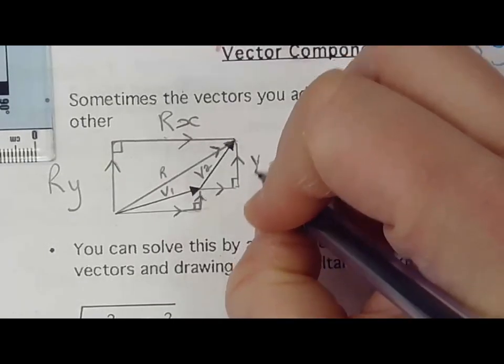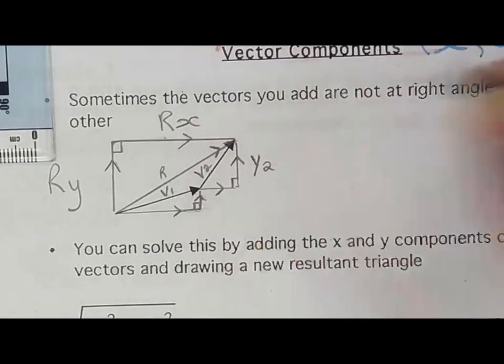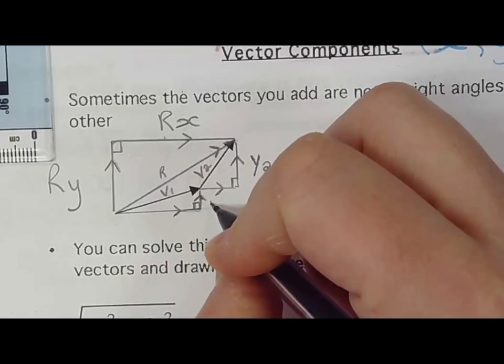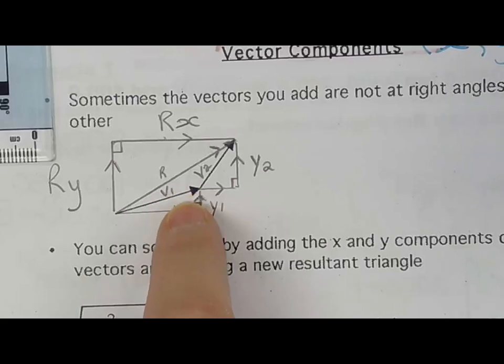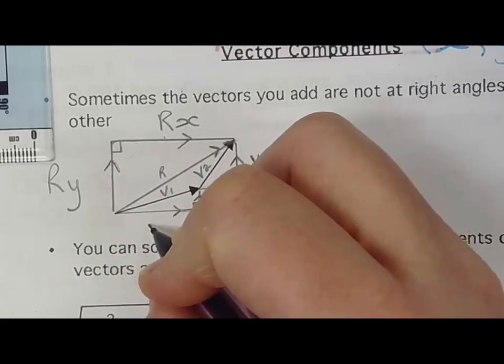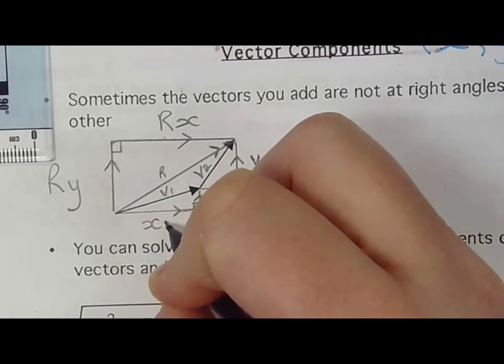Okay, so we're going to label those components of the vector 1 and the vector 2. This is what I'm going to call y2. And this is what I'm going to call y1. This y dimension that is in the upward or north direction. So then over here we're going to have x1.